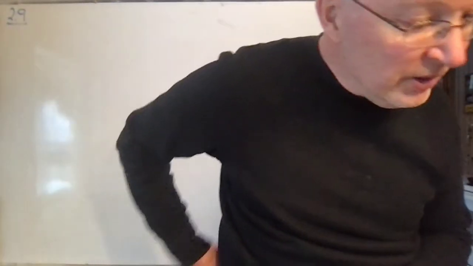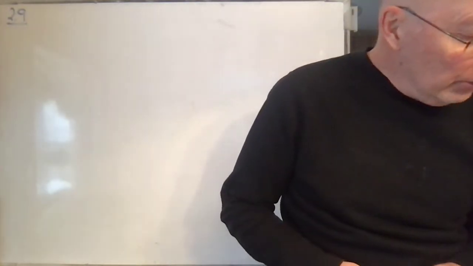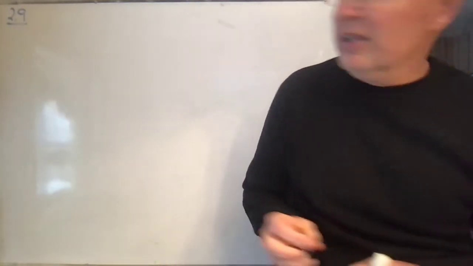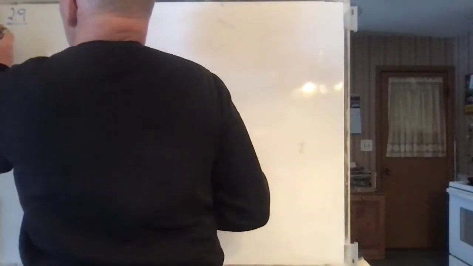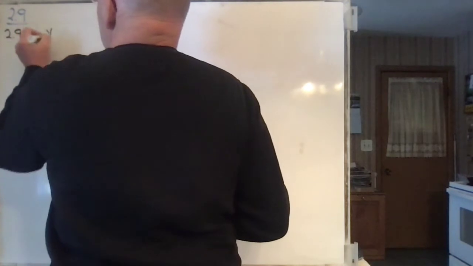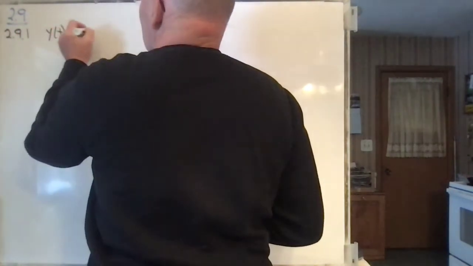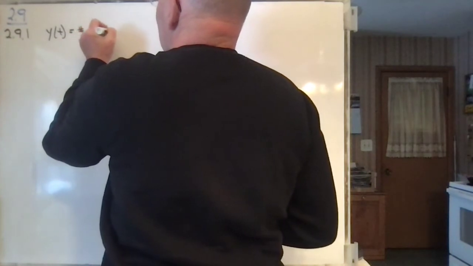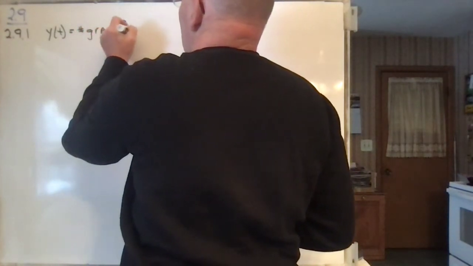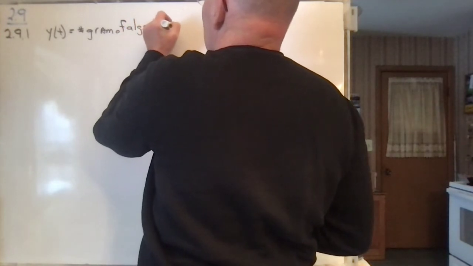So exercise number 1 says let y of t be the amount of algae in grams in an aquarium. So this is 2.9.1, and y of t is the number of grams of algae at time t.